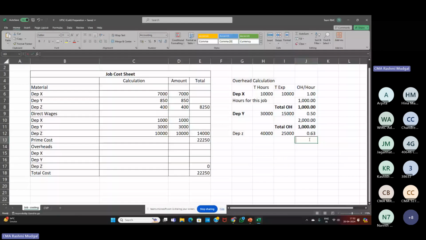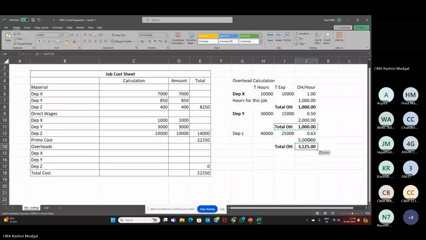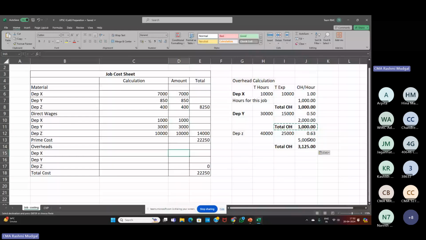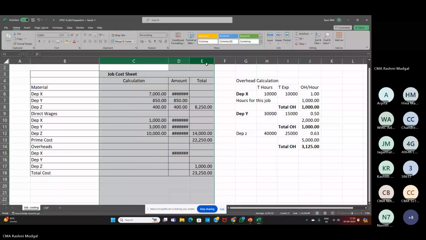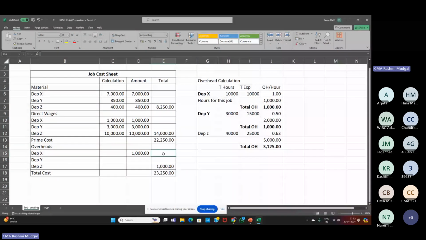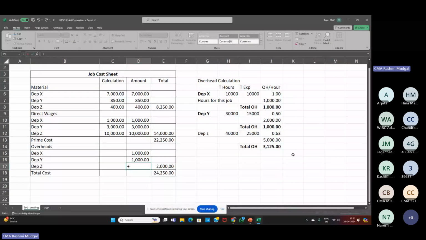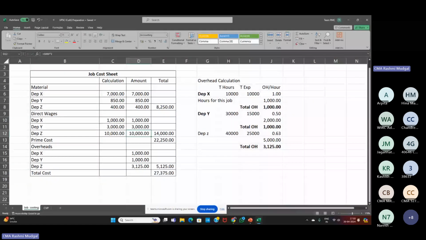So as per the 5,000 hours, if I calculate, the overheads in department Z is 3,125. So the overheads are 1,000 for department X, 1,000 for department Y, and 3,125 for department Z.